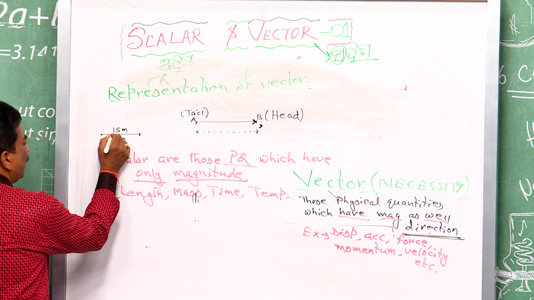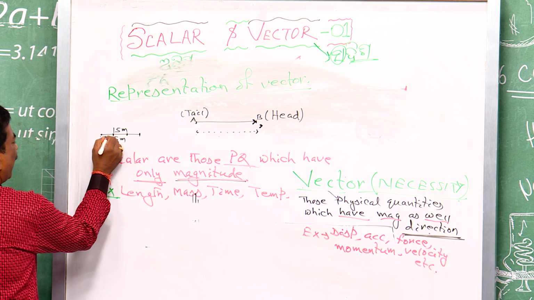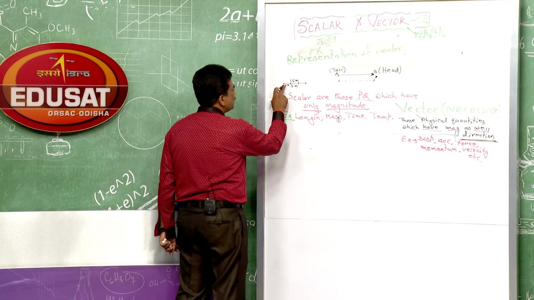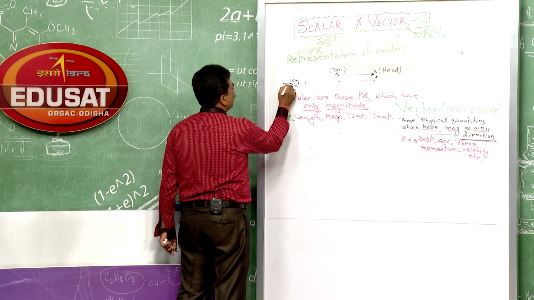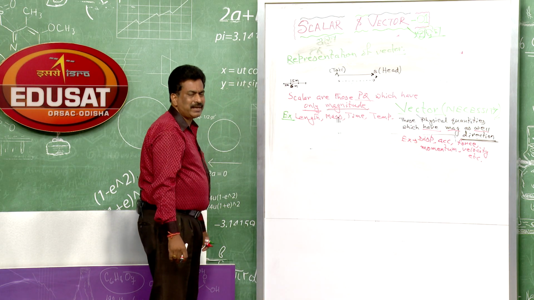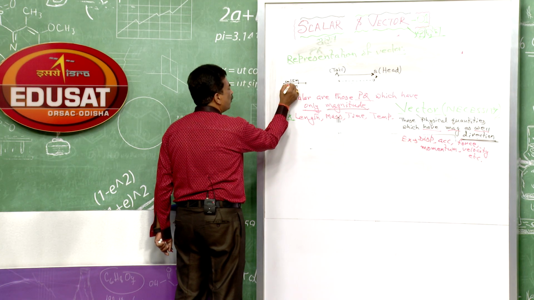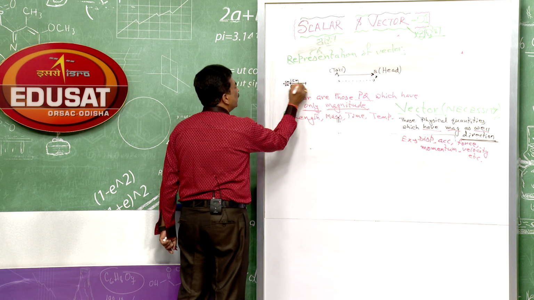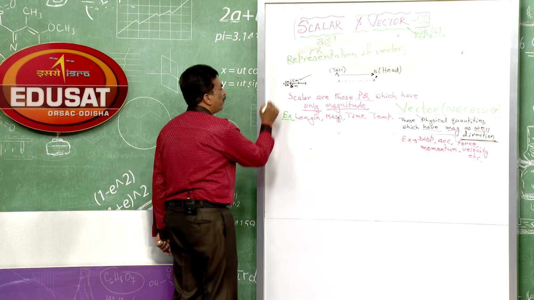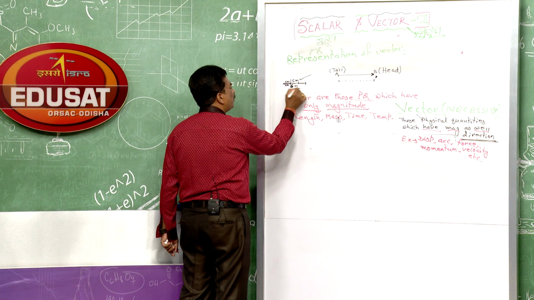Let me take 3 unit parts here. If this unit part is taken as 5 meters, and another takes this unit part as 2 meters, then for whom the unit part is 5 meters, there are 3 such units, therefore that is 15 meters. But for whom it is 2 meters, likewise 3 such units, that is 6 meters.